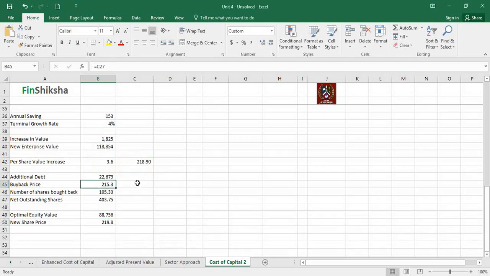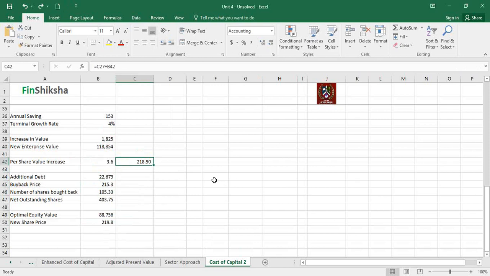If you put the buyback price as 218.9 in our analysis, note what happens to the new share price that you see below. That will also go back to the optimal per share price. So it seems that if you end up doing the buyback at the per share value increase at 218.9, then you will reach that same optimal share value.